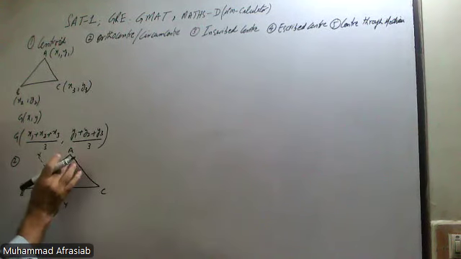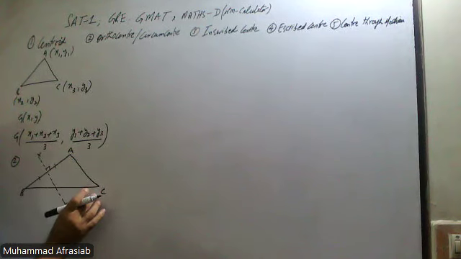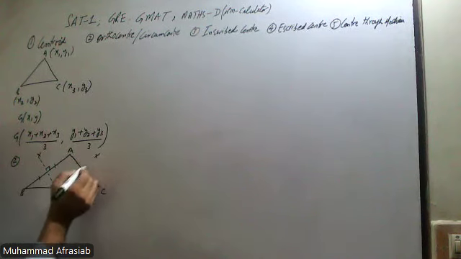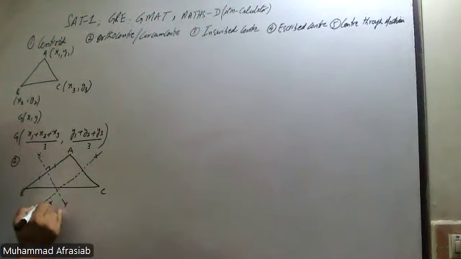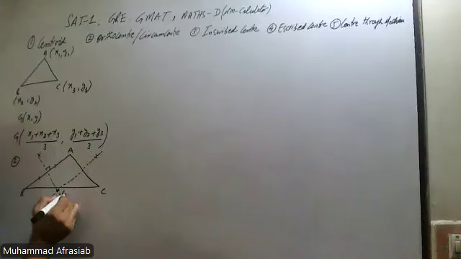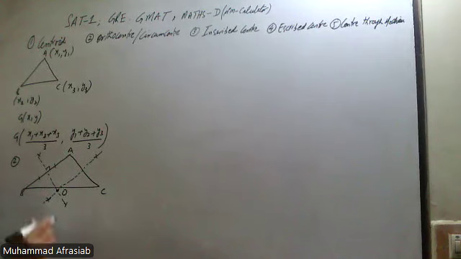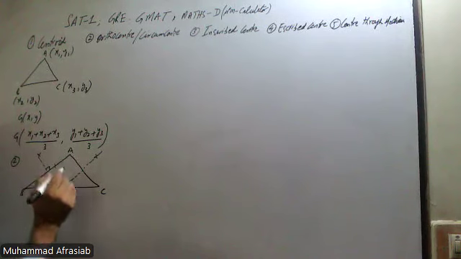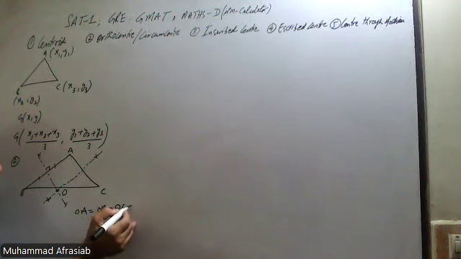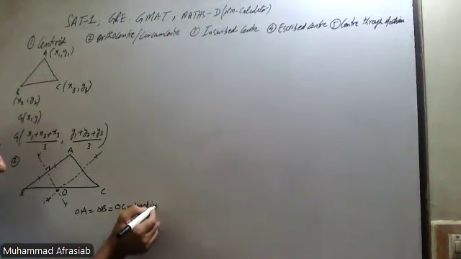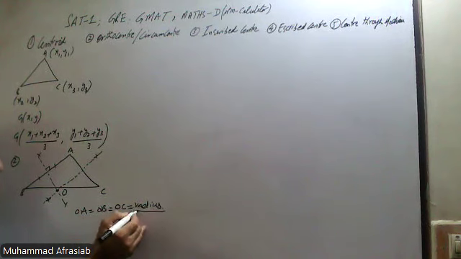Then you can find out the bisector of this AC line by taking the midpoint of this. And let's say this is the point which is called the center of this triangle. And we can verify that if we open the compass from this O to A or O to B or O to C, it will have the same length, and that is called the radius of this circle.